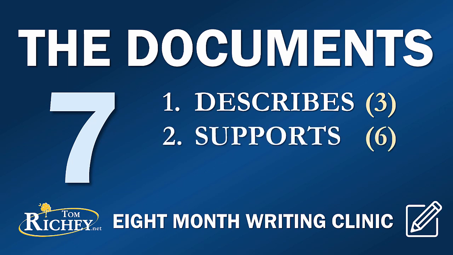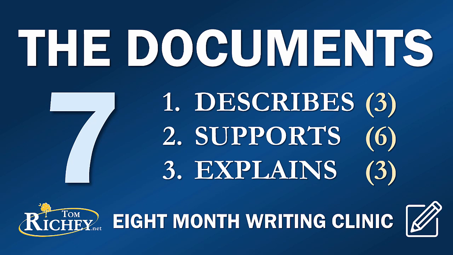Then you score a second point by using 6 documents out of 7 to support an argument. And finally, using 3 documents to explain the point of view, situation, audience, or purpose of the document is going to score you the last of those 3 points having to do with the documents.